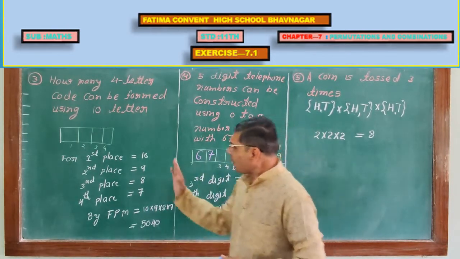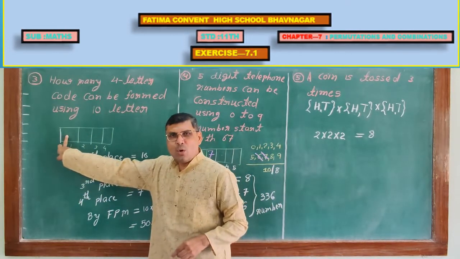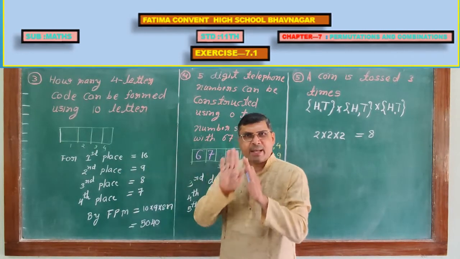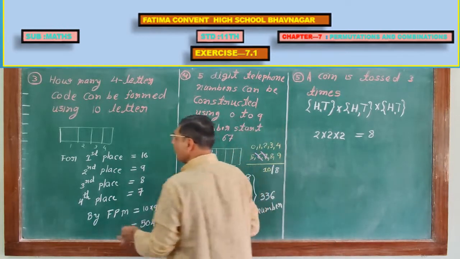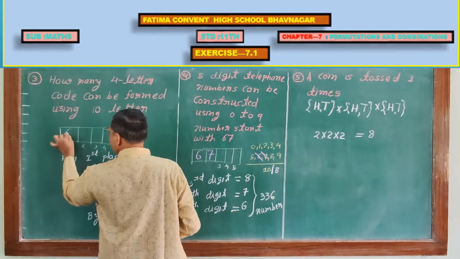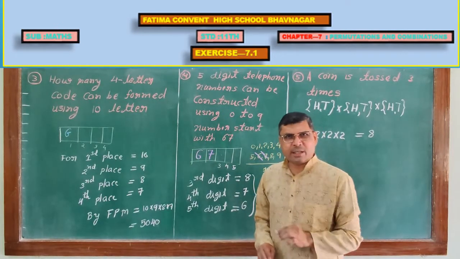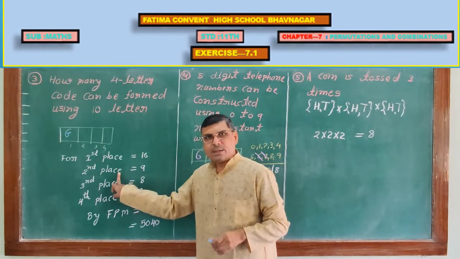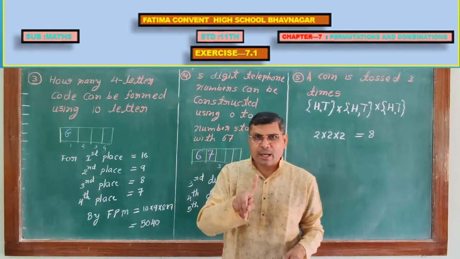You can start from anywhere. Suppose we are starting from the first place. For the first place, you have 10 choices. You can select any one letter out of 10. Suppose you are selecting G. Now for the next place, you have 9 choices because repetition is not allowed.